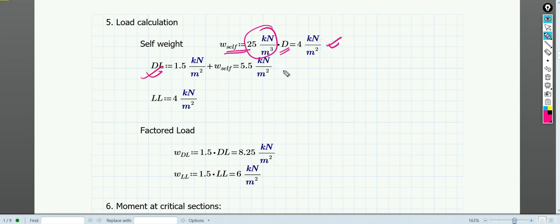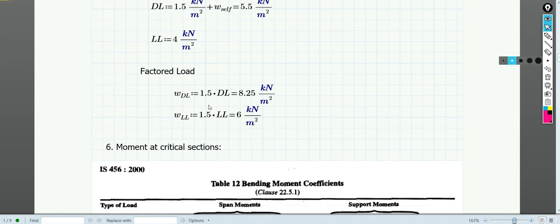Then dead load is basically the self weight plus the floor finish given in the question, which totals 5.5 kN per meter square, and live load is 4 kN per meter square. Now if you apply the factor 1.5 to dead load plus 1.5 to live load, the dead load is 8.25 kN per meter square and live load is 6 kN per meter square. These are factored loads.